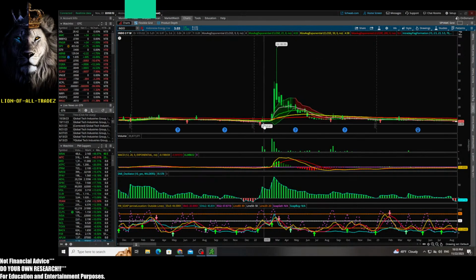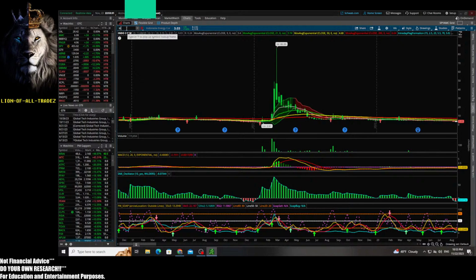Look at this. This was on a low of 2.61 the week prior, and when oil reached its all-time high, this thing skyrocketed to 86.99. So imagine that, $2.60 to 87 bucks.